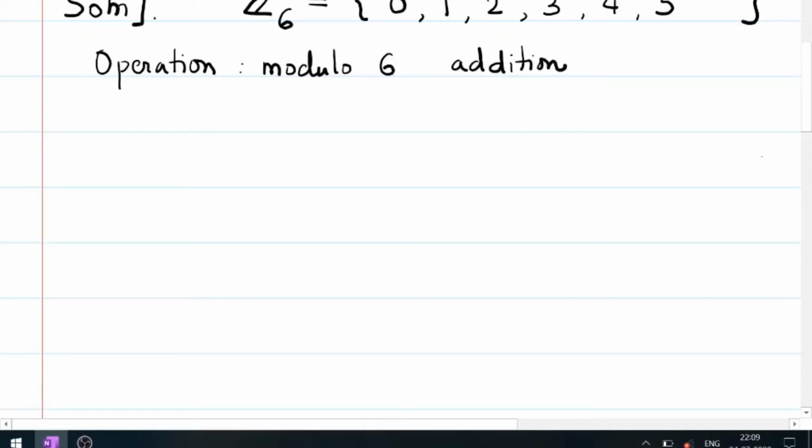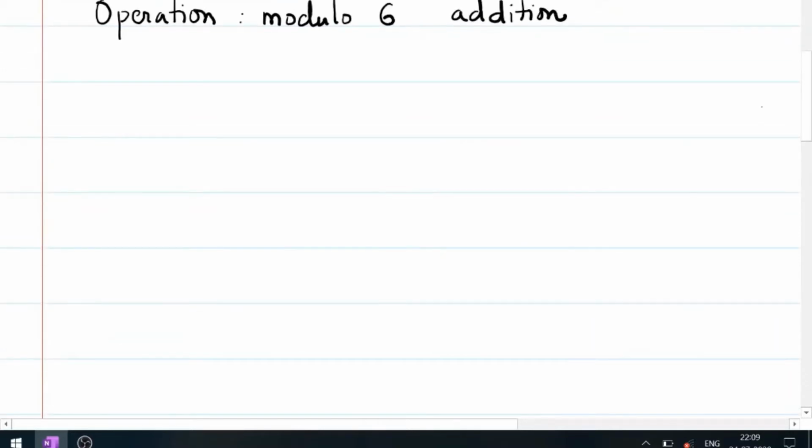Now I will prepare a table which will have entries as 0 bar, 1 bar, 2 bar, 3 bar, 4 bar, 5 bar and 0 bar, 1 bar, 2 bar, 3 bar, 4 bar, 5 bar, and the operation is addition modulo 6.